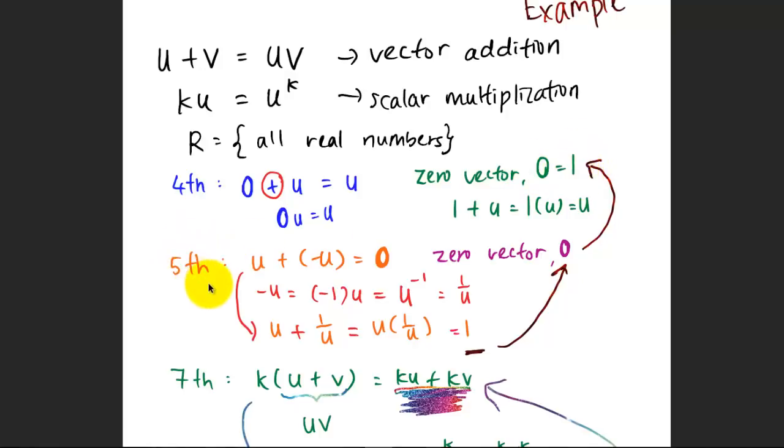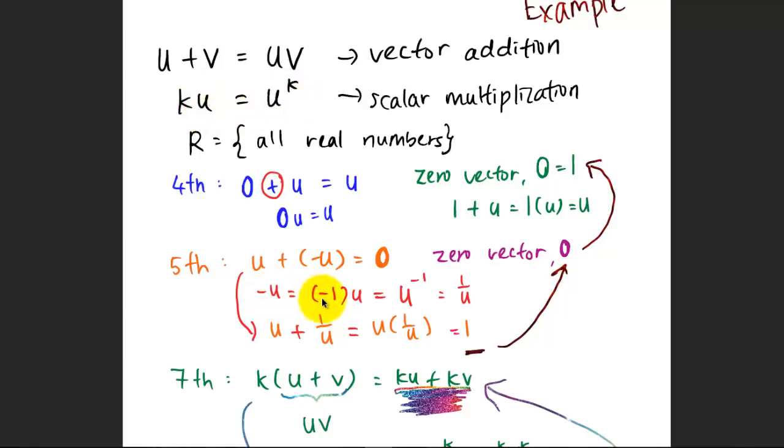Now let's try with the fifth axiom. The addition of a u with its negative component will give you the zero vector. In this case, the zero vector would be taken from the fourth axiom, which is 1. And let's look at this. The inverse of u is actually a multiplication of -1 and u. So this involves the multiplication operation, and since the rule is given, any multiplication will become raised to the power.